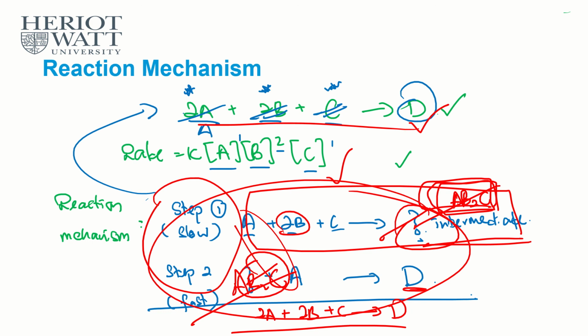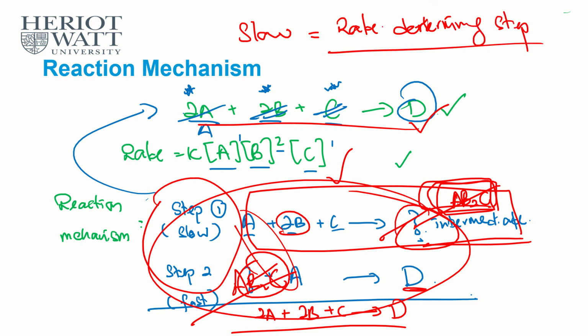All right, and that's one more thing for you to bear in mind. Slow step is also the same as rate determining step, like the one given in the learning outcomes, RDS. Okay, RDS meaning rate determining step, which is referring to the slow step. Does it make sense now? This is the step that determines the overall rate of reaction, because these slow steps take up most of the time.